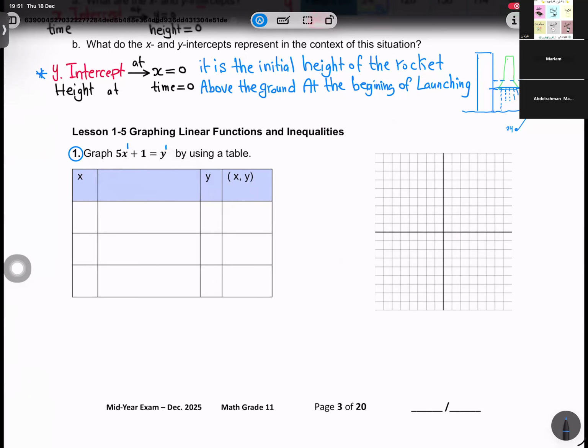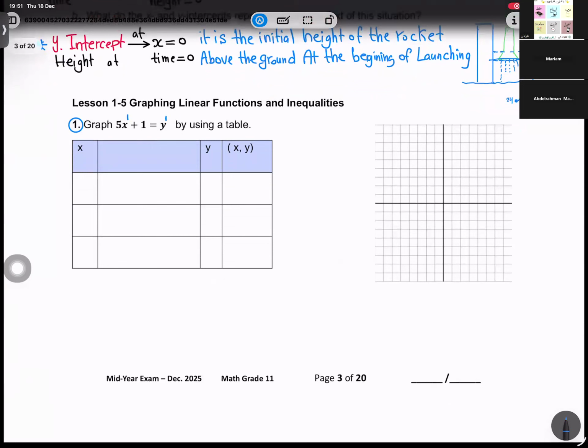And to graph the equation, we need to rearrange it to be in this form, Mariam. What is the form? Is it y equals mx plus b or c? It is b.